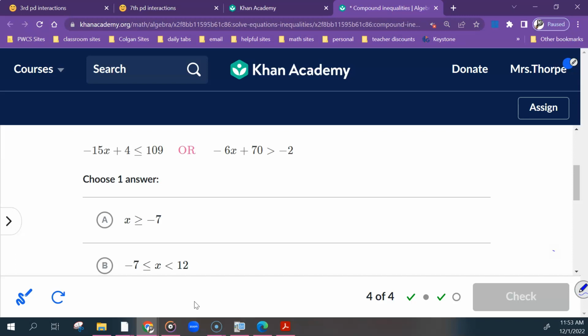So still solve them separately. So subtract both sides by 4. Divide both sides by negative 15. We have x, the sign changes, is now greater than or equal to 7.